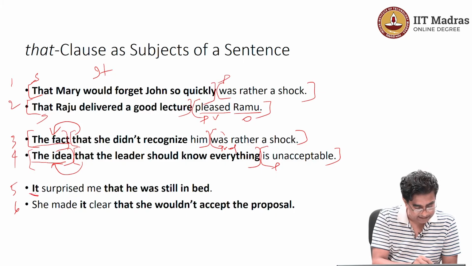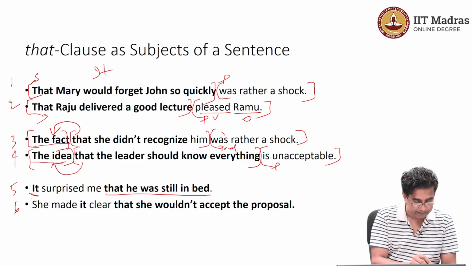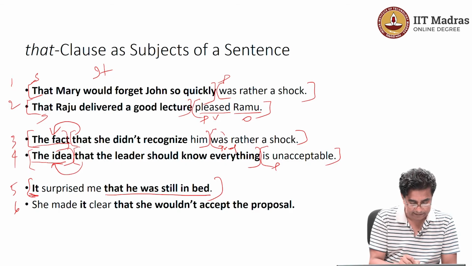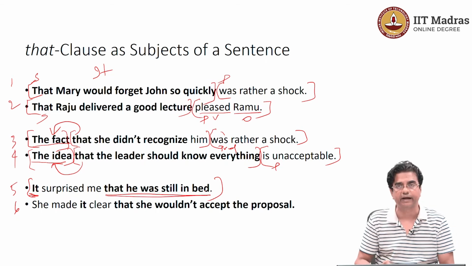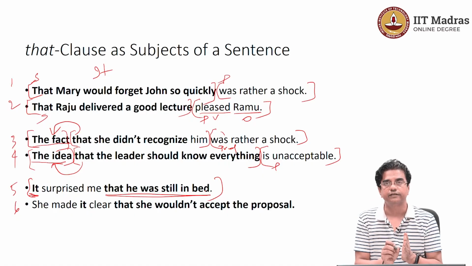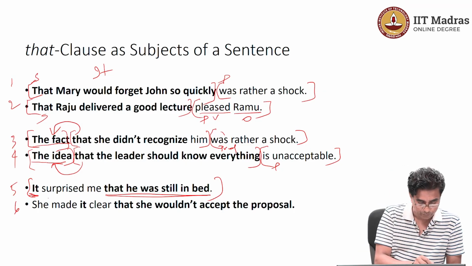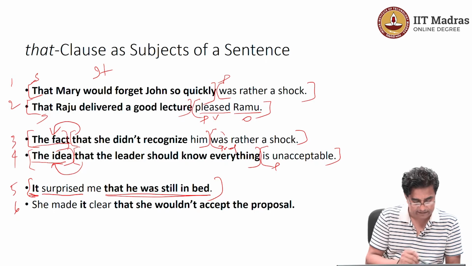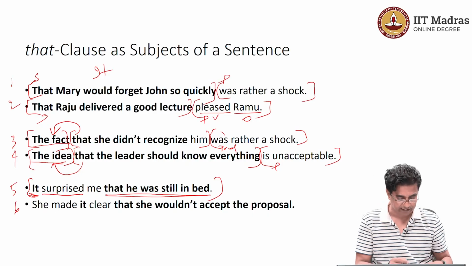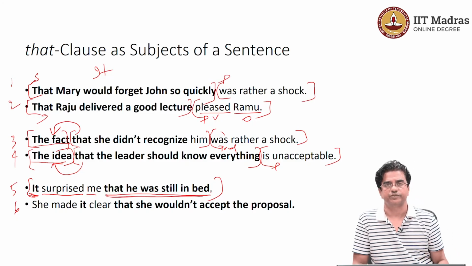Now, here it is co-indexed with this whole thing, but that he was in bed is basically pushed towards the right, and in this sentence we can say we have a subject, we have a verb, and we have an indirect object and a direct object.